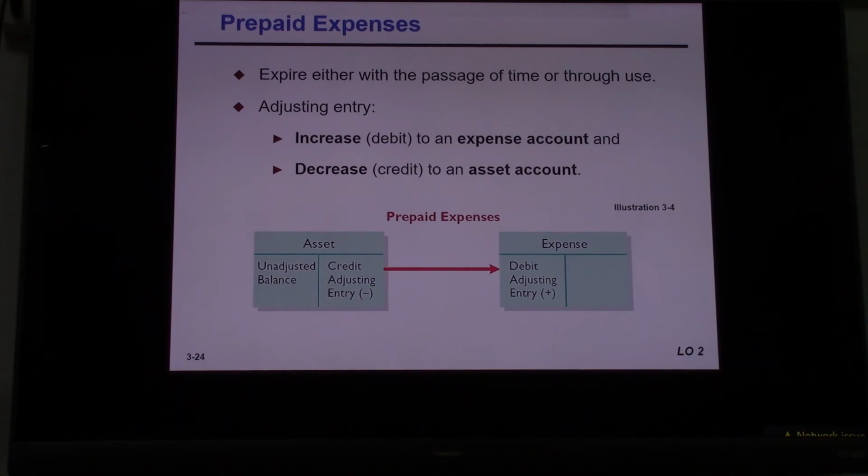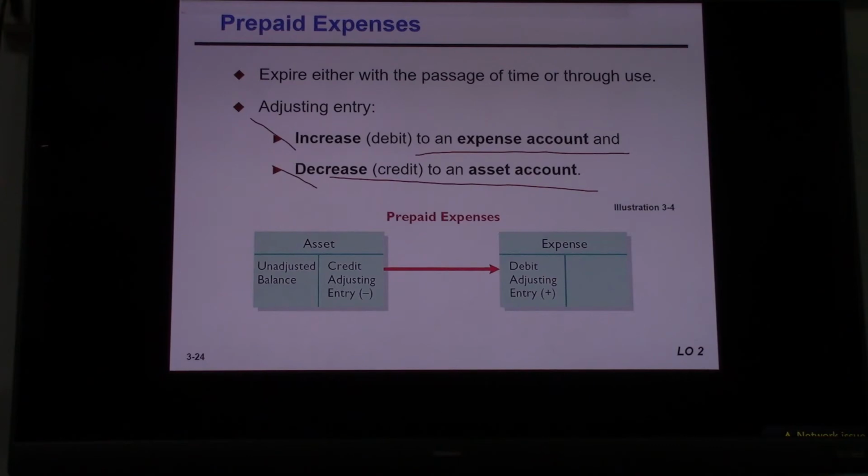So once we are talking about prepayments, which is the first type of adjusting entry, if you are required to prepare an adjusting entry, you should know that you should increase or debit an expense account, and at the same time you should decrease an asset account.